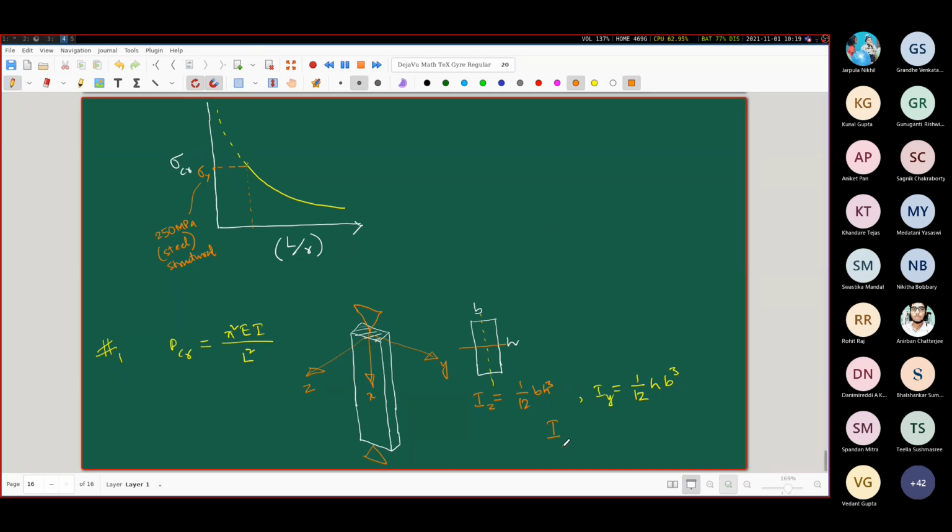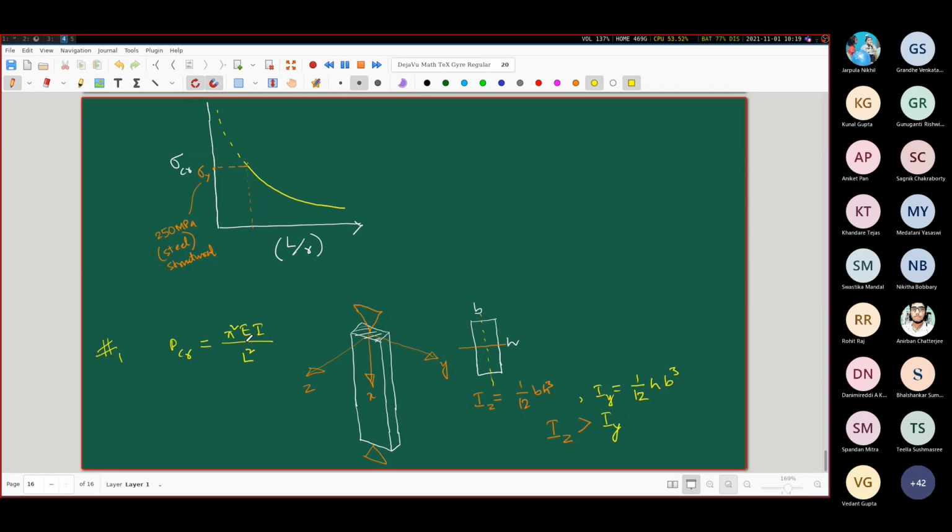So this IZ is greater than this IY, or IY is less than IZ. Now, this is the same mechanical system which has two possible values of P-critical depending on which one you take, IZ or IY.